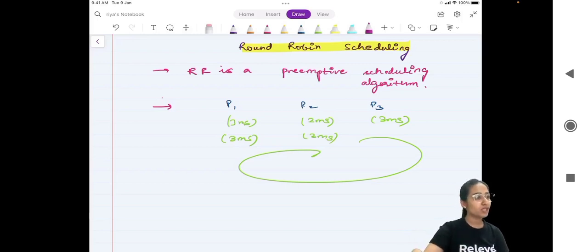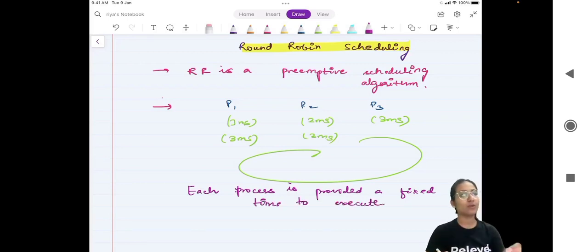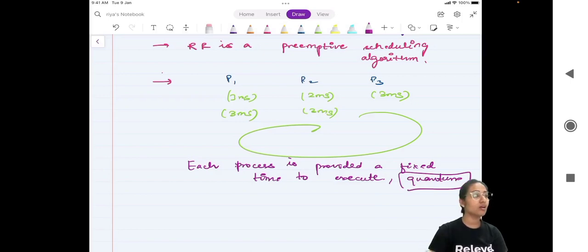Okay. So in round robin, each process is provided a fixed time to execute. Each process is allocated a fixed time to execute, and that fixed time is basically known as a quantum.